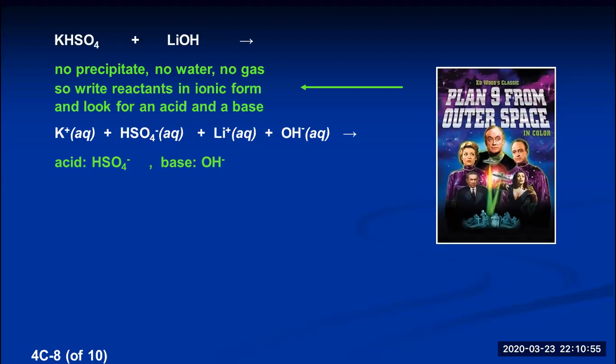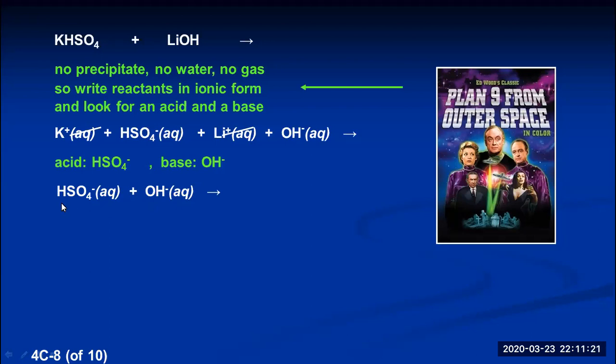They're what are reacting. The potassium ion, not doing anything. The lithium ion, not doing anything. Those are actually spectator ions. Just cancel them out and don't even use them. The reaction is between the bisulfate ion and the hydroxide. The definition of a Bronsted acid is it gives up a hydrogen ion. This hydrogen ion, the H plus, leaves there and comes over here to the hydroxide.